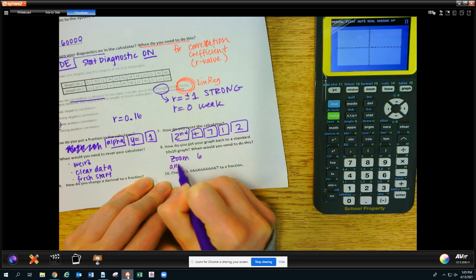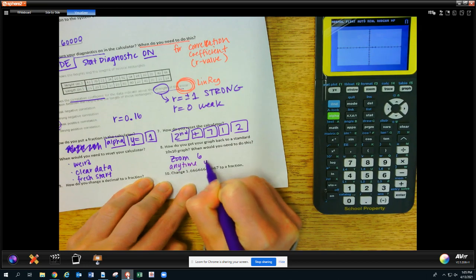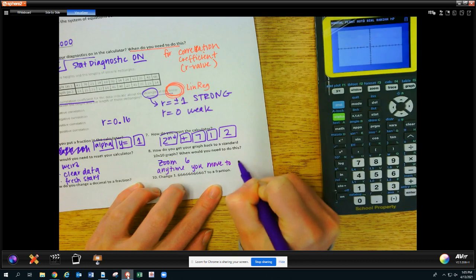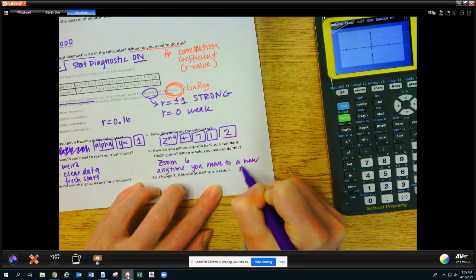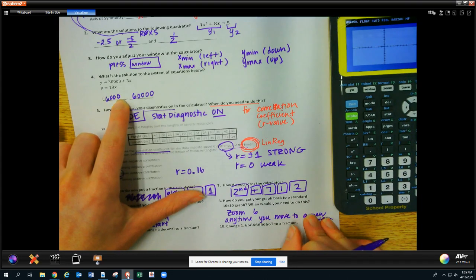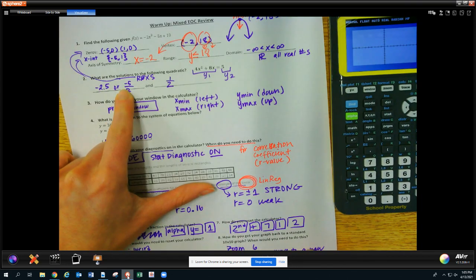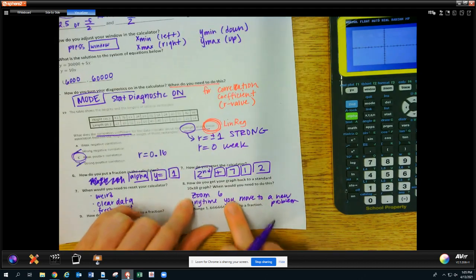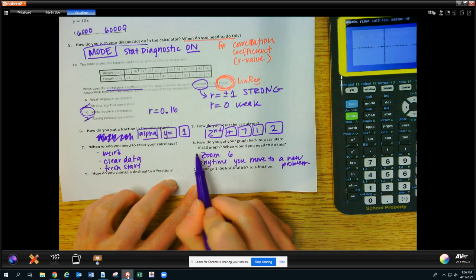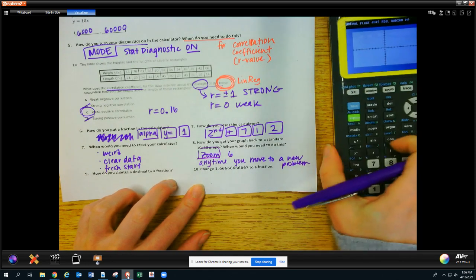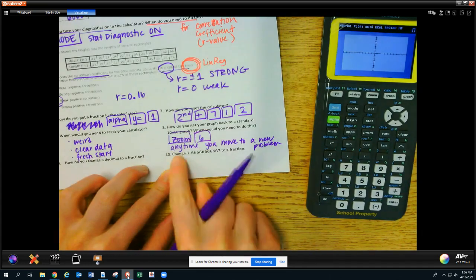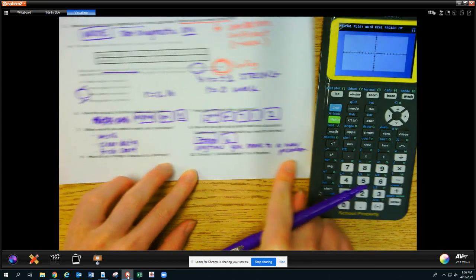And so anytime you move to a new problem, for example, this problem, I needed a huge window, but for this one, I did not. So anytime you move to a new problem, you want to do a zoom 6 just to get your standard viewing window. So zoom, that's this top middle button here, and then option 6. And you do that anytime you move to a new problem.